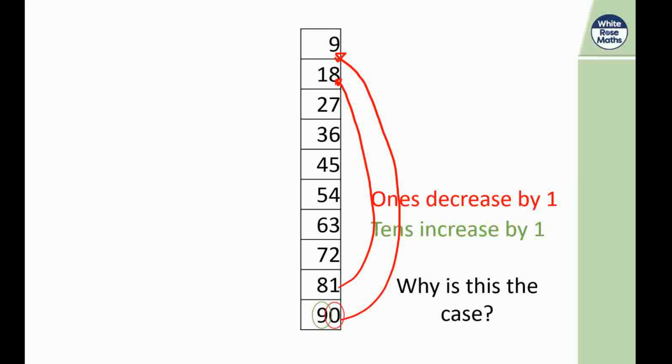Why is that the case? The reason that the 1s decrease is because 9 is 1 short of 10, isn't it? 10 take away 9 equals 1. So the 1s decrease by 1, but the 10s keep going up because 9 is very close to 10.